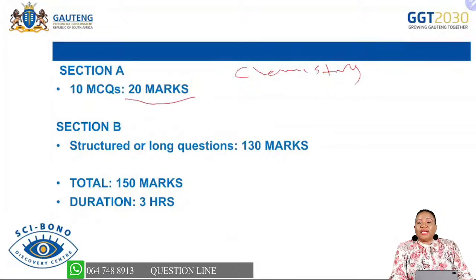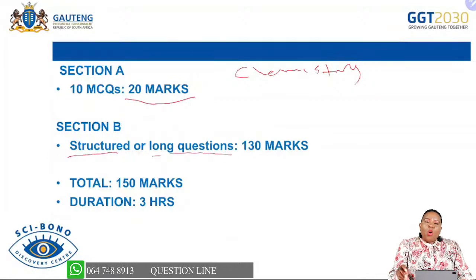We also have section B, which is our structured or long questions, which the total of the 2 is 130 marks. So the entire paper will be out of 150 marks, with a duration of 3 hours. And when we say it's a duration of 3 hours, we also mean that you must make sure that you use your 3 hours very effectively.